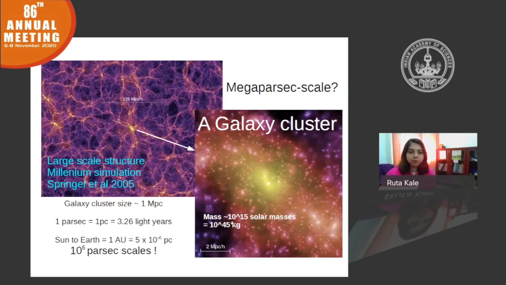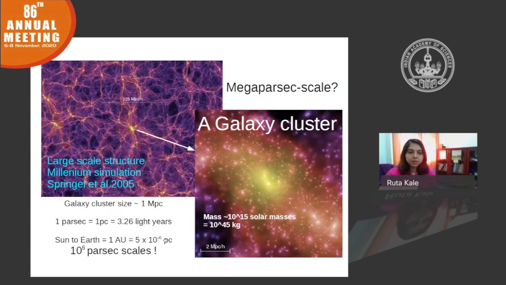To give you an idea in kilograms, I have written these values here. And the size of a galaxy cluster is typically of the order of a megaparsec. And a megaparsec, to give you an idea of the scale, a parsec is about 3 light years. And if you want to compare it with the distance from Sun to Earth, it is a microparsec.